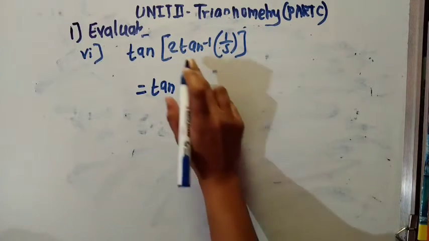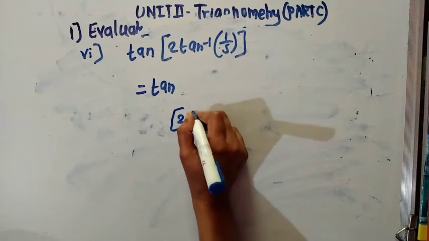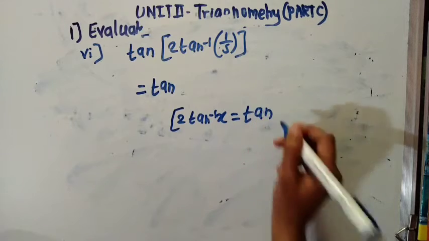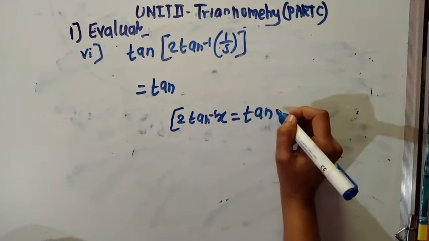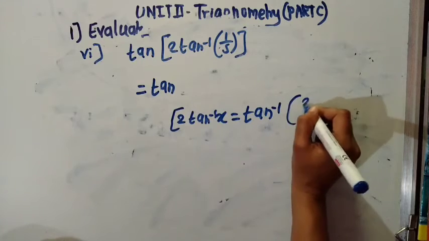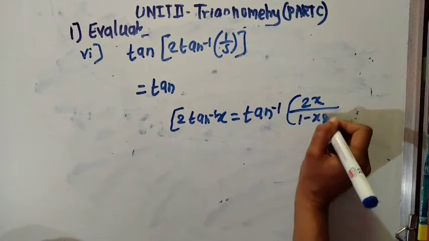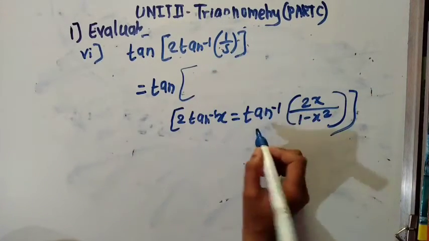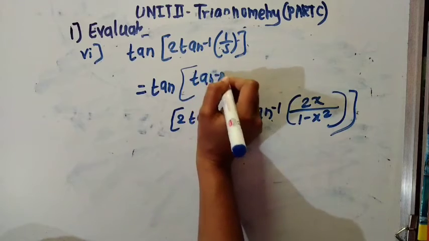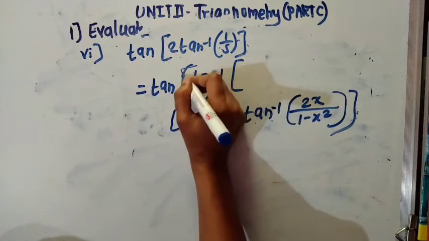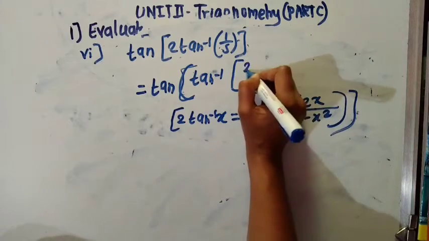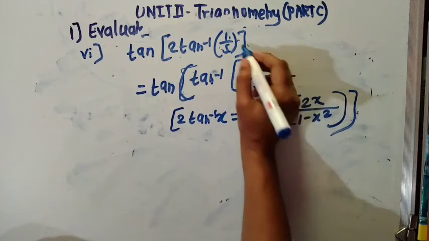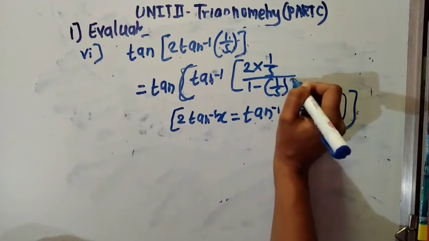We know that 2 tan inverse of x is equal to tan inverse of 2x upon 1 minus x square. Hence 2 tan inverse of x is the tan inverse of 2x, means 2 into x, 1 by 5, upon 1 minus x square, means 1 upon 5 square.